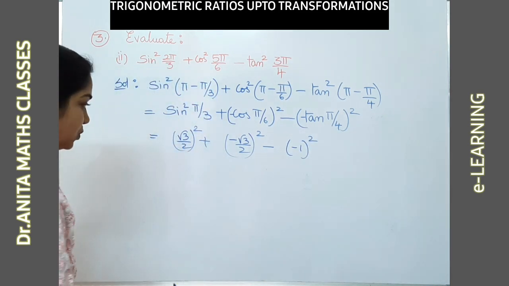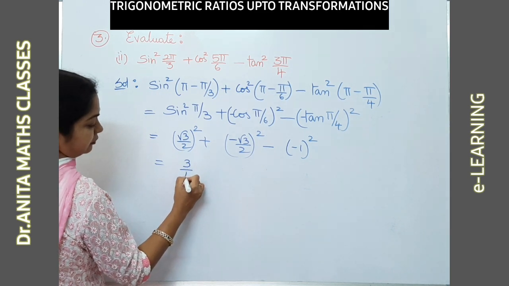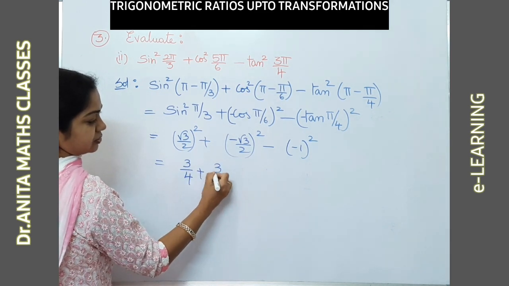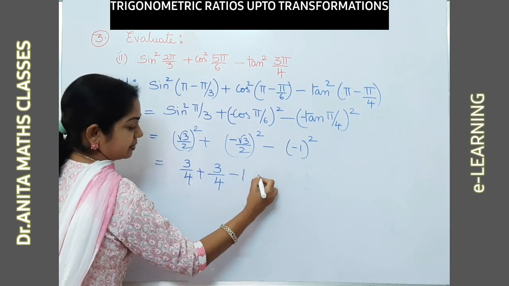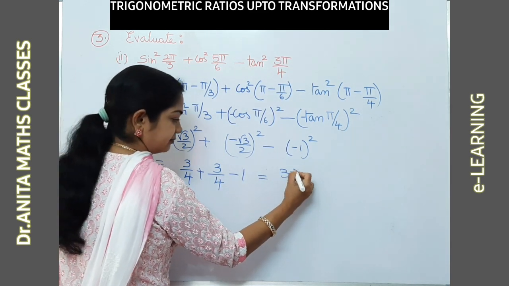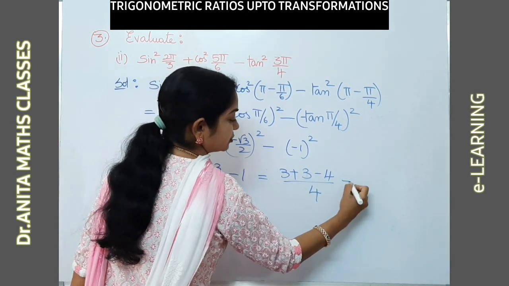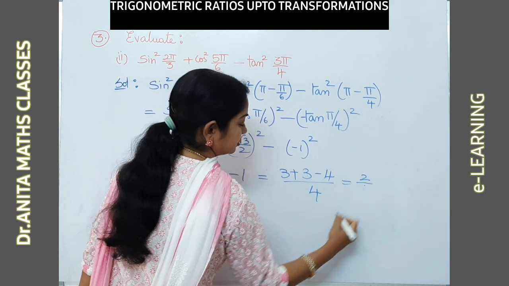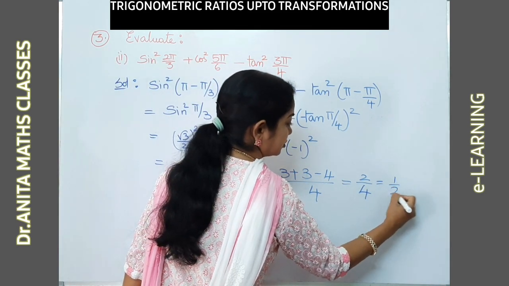So this comes to 3 by 4 minus 3 by 4 minus 1 whole square is plus 1. If you take the LCM, 3 plus 3 minus 4 upon 4, so 6 minus 2 by 4, that is 1 by 2.